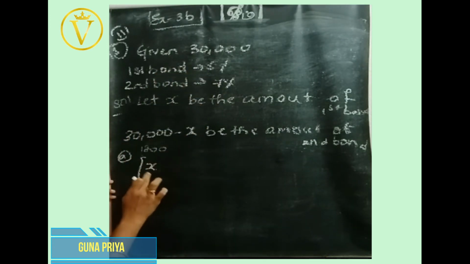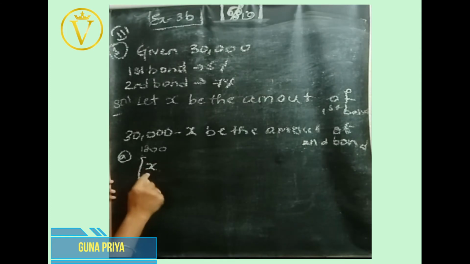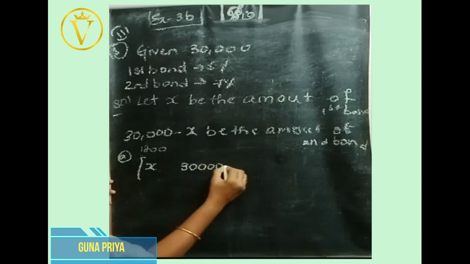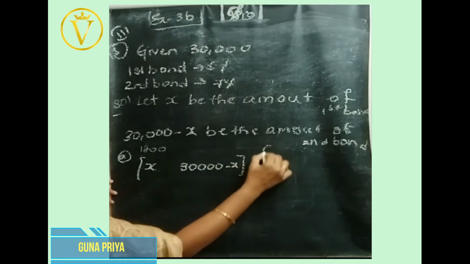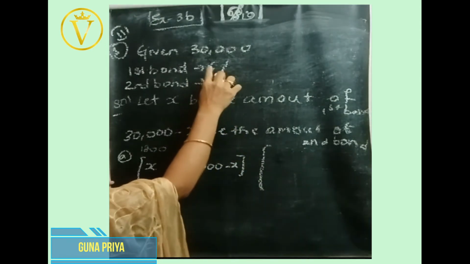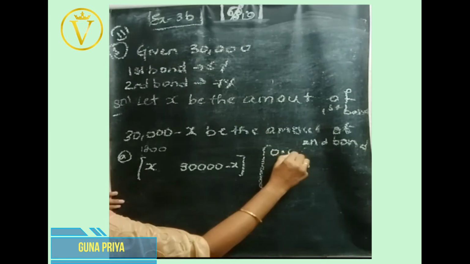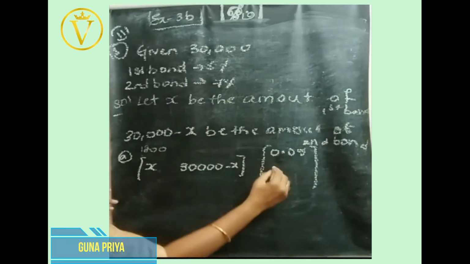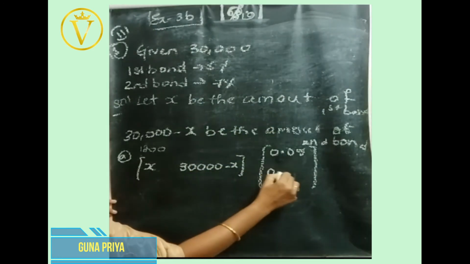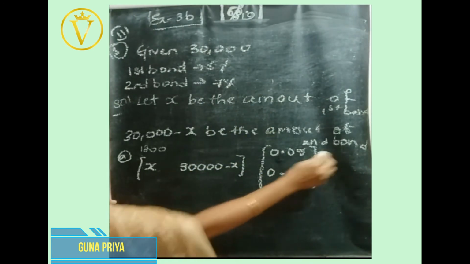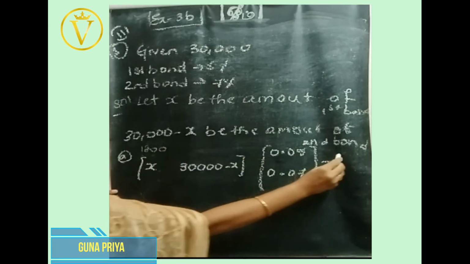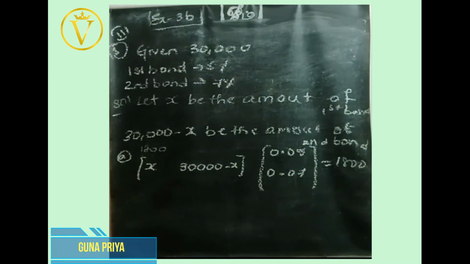The first bond is x and the second bond is 30,000 minus x, and the interest rates are 5%, which I will convert to 5 by 100, and 7 by 100, that is 0.07, equals the total of 1800.